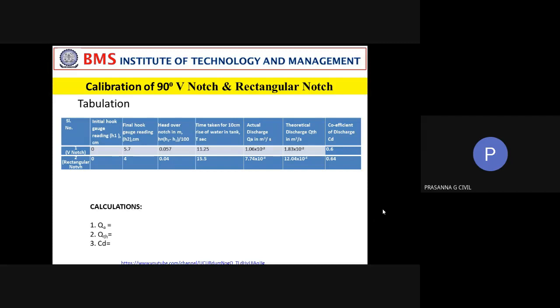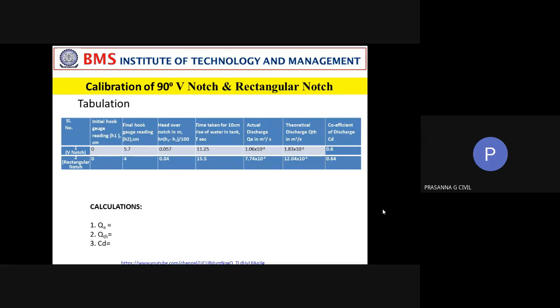The time taken for 10 centimeter rise of water in the collecting tank for a given discharge is recorded as T seconds. The actual discharge is calculated with the formula shown in the previous slide. The theoretical discharge for the V notch is also calculated with the formula given in the previous slide. Coefficient of discharge is taken as Q actual divided by Q theoretical. For this example of V notch, the value obtained was 0.6.